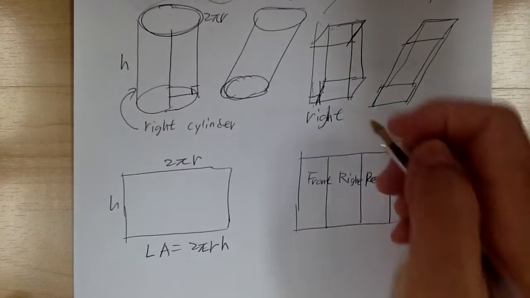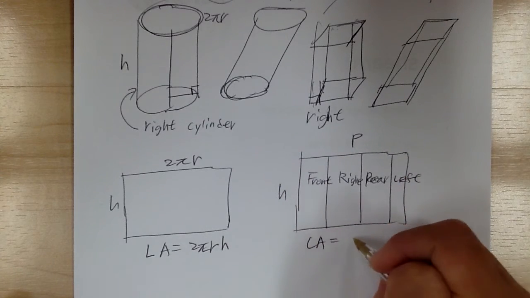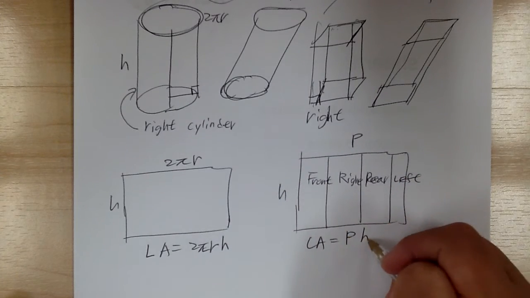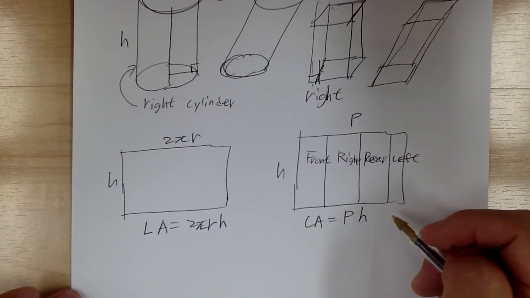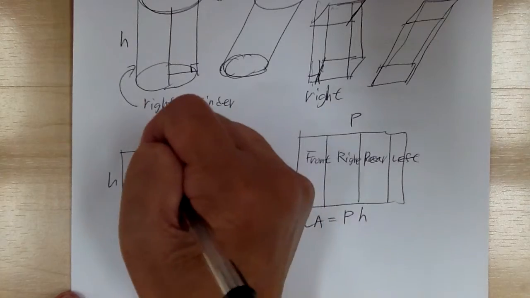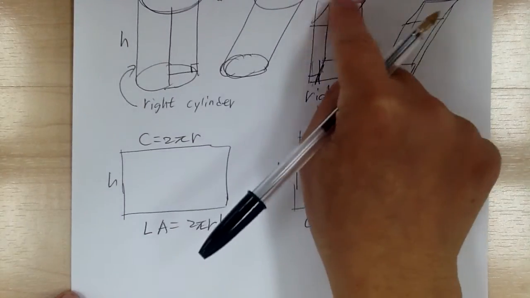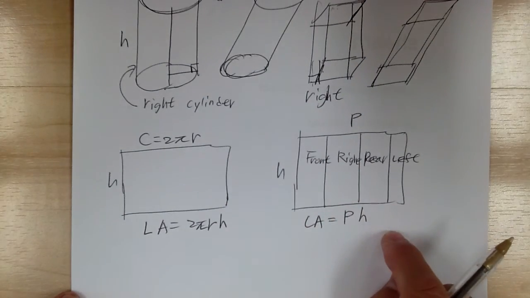You open up, and basically what you have is a perimeter. So your LA would be equal to the perimeter times h. And same thing, this is actually the circumference, right? So basically you just have the circumference or the perimeter times h. It will give you the lateral area.